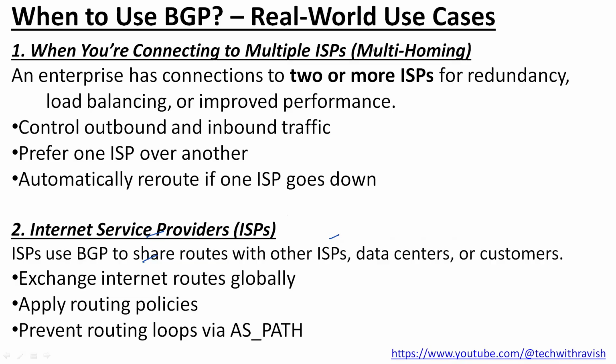If I talk about real-world cases, when can we use the BGP protocol? When we are connecting with multiple ISPs, we can use BGP. If you are working especially for ISPs, you need the BGP protocol.